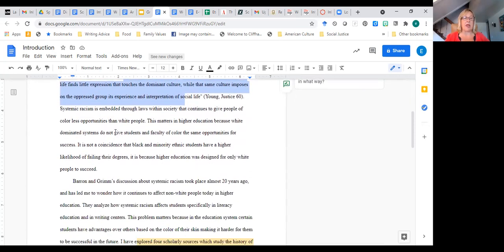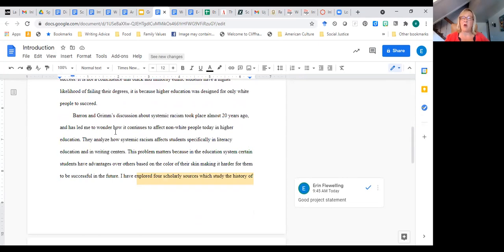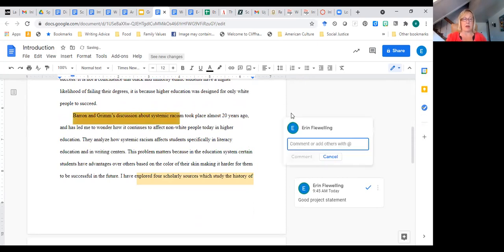And basically lots of how, why, so what. The author comes down to Barone and Graham, and this is the first mention of Barone and Graham. And you'll see my comment there.